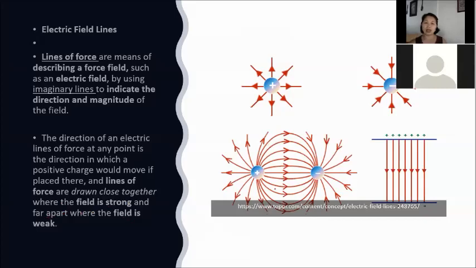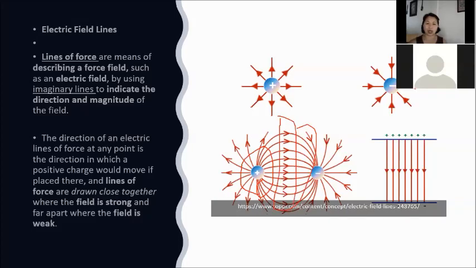Now, look at the third figure. So, at this point, the electric field is strong, whereas here, the electric field is weak.